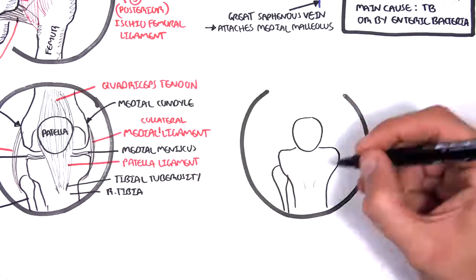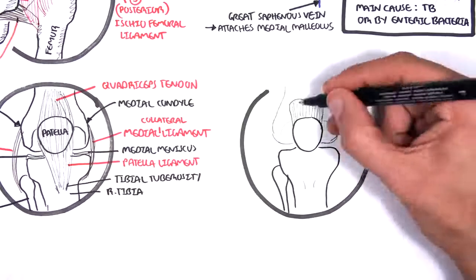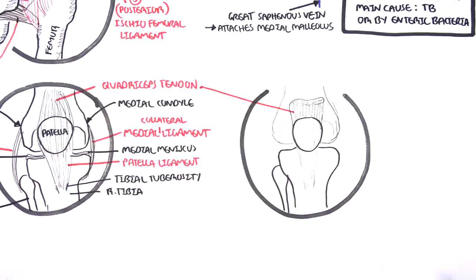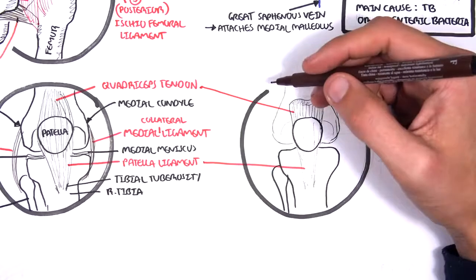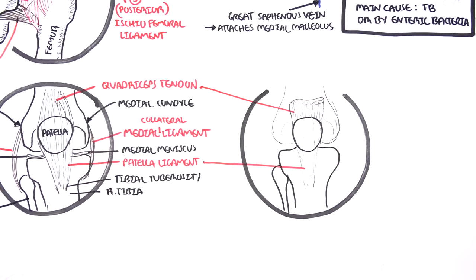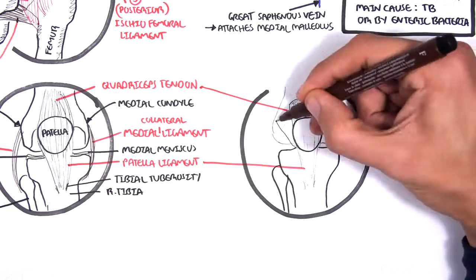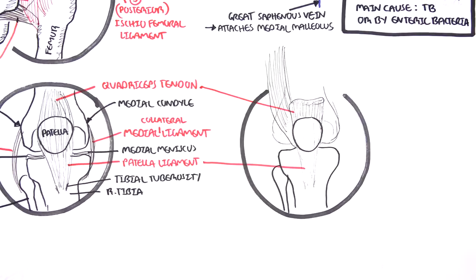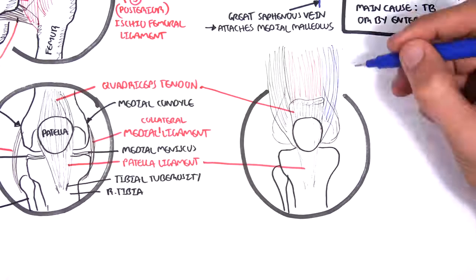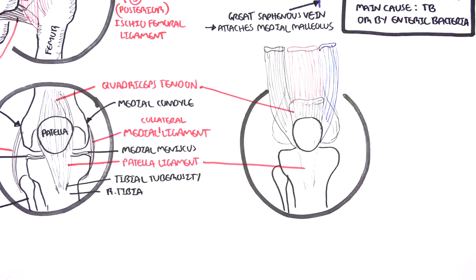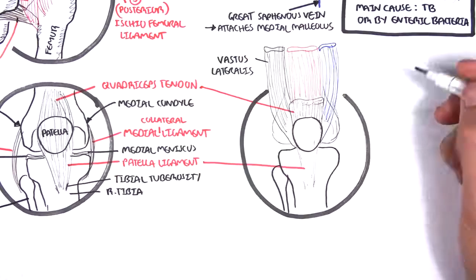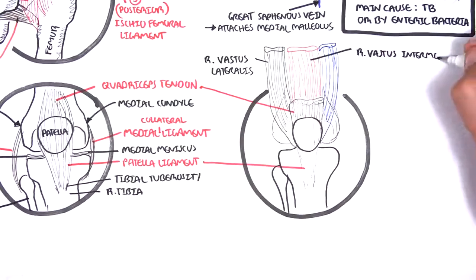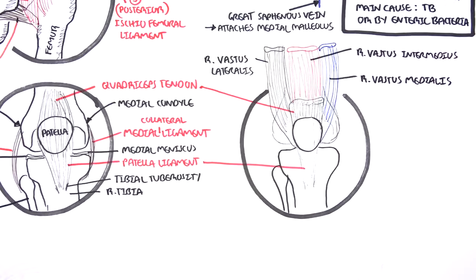So now I'm just going to draw the same knee joint again. Here again is the patella ligament, and here is the quadriceps tendon, which is formed by the anterior muscle compartments of the thigh. Under the rectus femoris, there is a group of muscles, the vastus muscles, and we have the vastus lateralis, vastus intermedius, and vastus medialis, which forms part of the quadriceps tendon.